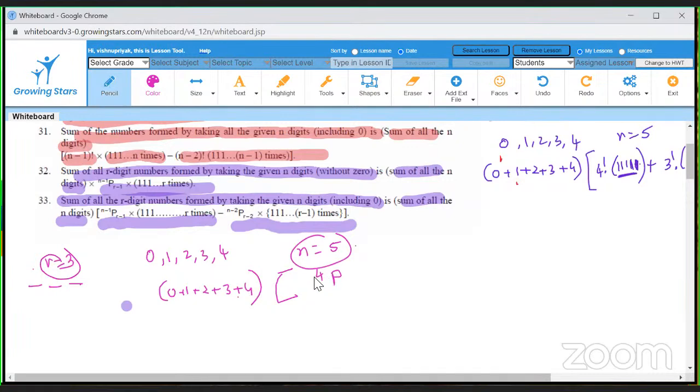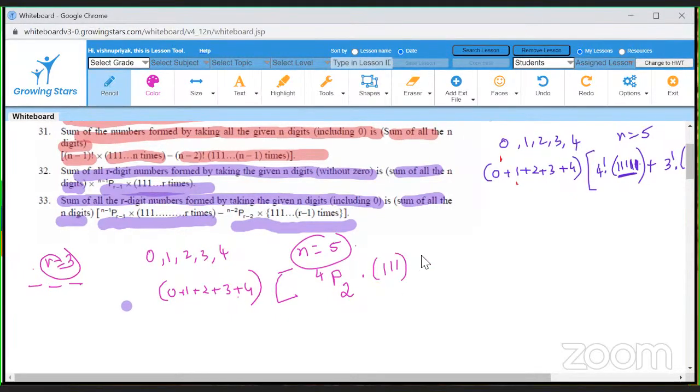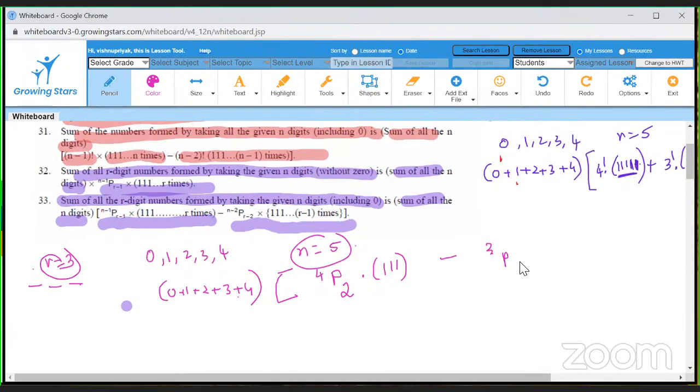Then I'll take n minus 1, 5 minus 1, P, r minus 1, 3 minus 1 is 2. Then I will multiply with 1, 1, 1, r times, only 3 times. Then minus n minus 2, 5 minus 2 is 3, P, r minus 2.